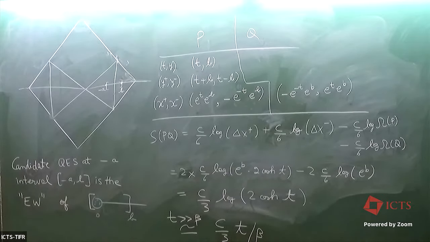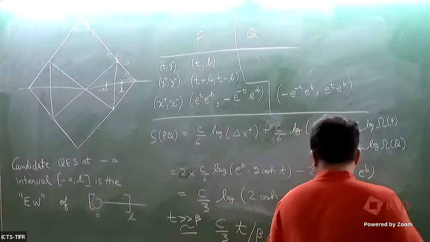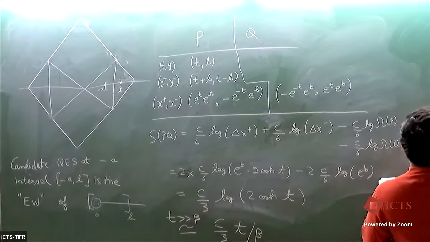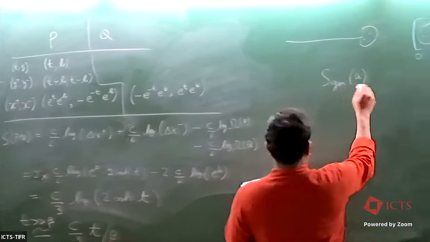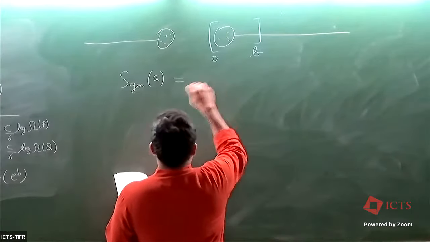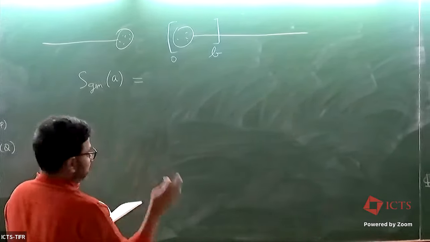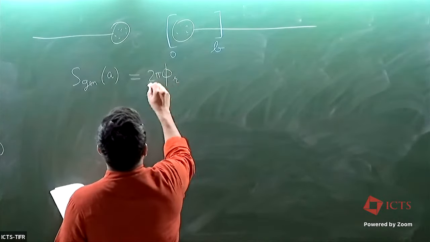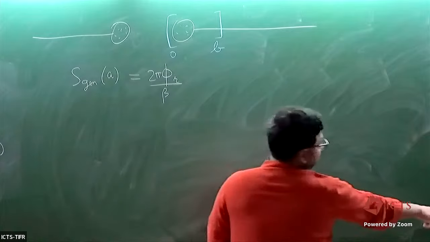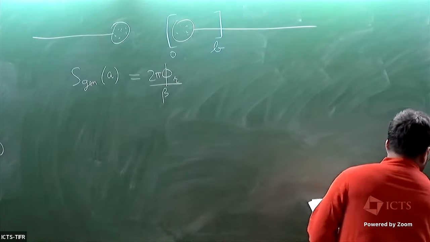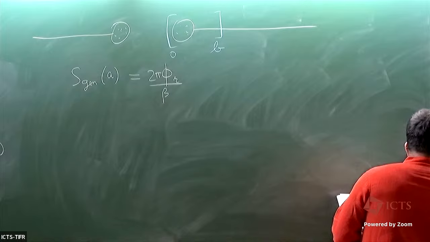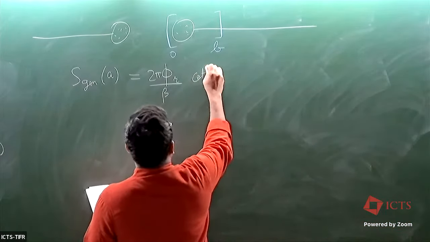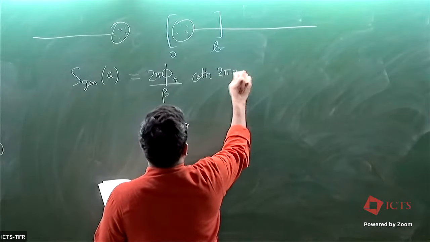Okay, so then we just do the calculation. There's nothing hard about it now. So S gen of A, right? It's a function of A, and we are supposed to extremize this. It is 1 over 4G. G, since it was dimensionless, I will set to 1/4. So it is phi r, 2 pi phi r over beta. That is this A, right? A was equal to that value times this coth. So we have cosh 2 pi A over beta.